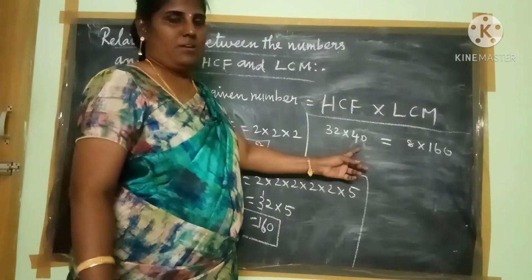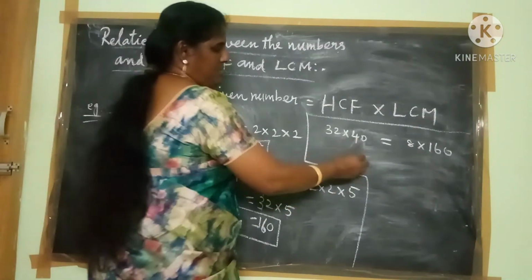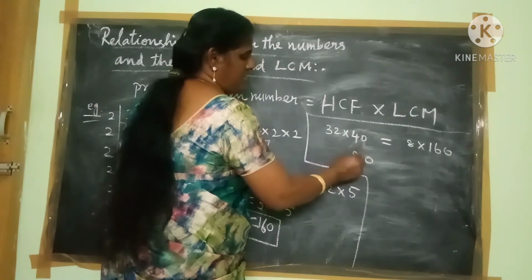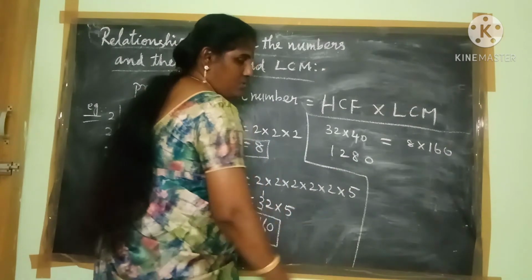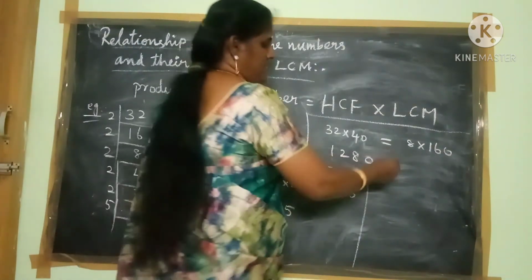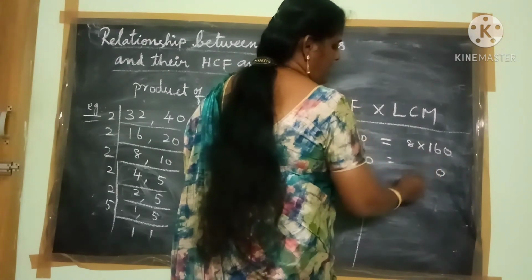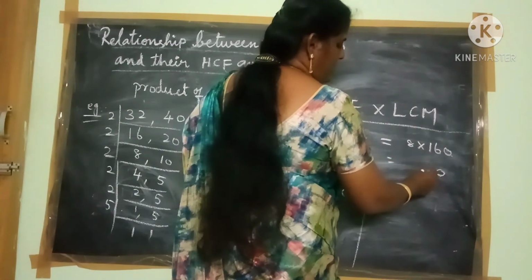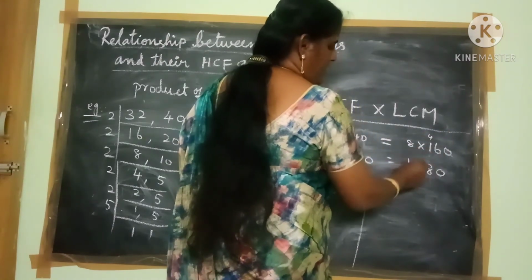Just take the number in the 40 table. 40 table means 4 table. Just put 0. 4 2s are 8, 4 3s are 12, 1,280. Next, multiply this number: 0 time 8, 8 6s are 48, carrying 4, 8 1s are 8, 12.